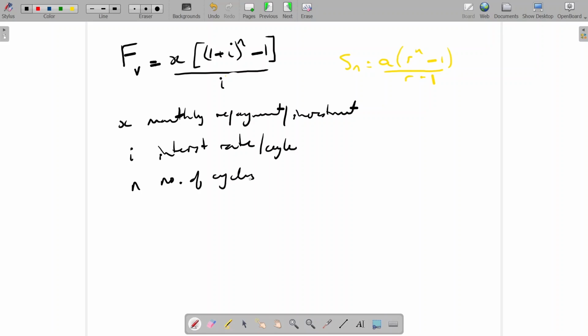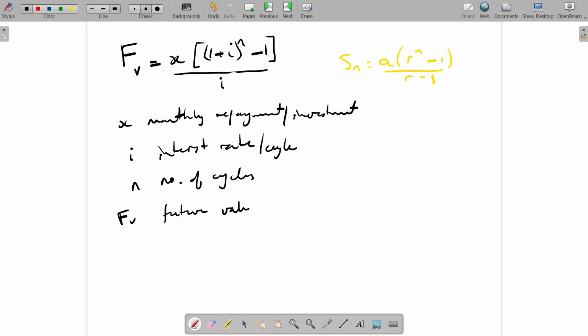So again, we have a formula with 4 variables, and it's the exact same in this regard as the grade 11 syllabus: all we're going to do is identify 3 values in the text and plug them into the correct formula, which hopefully will be the future value formula.